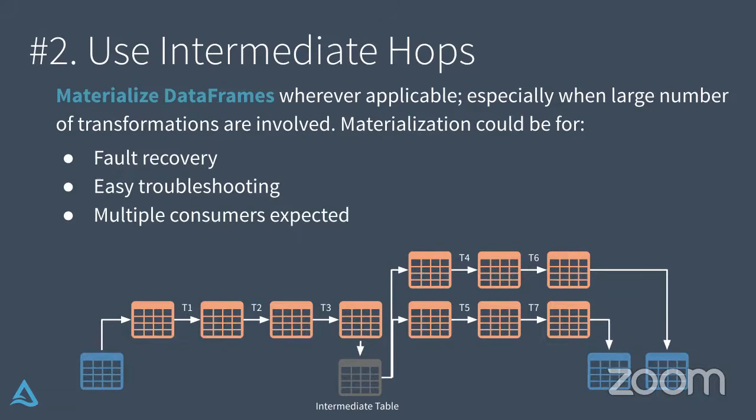It was just from table 3 onwards that we needed to do something slightly different. So instead of creating 2 separate sets of tables with the exact same data, run an intermediate table, save that to disk, and then run 2 separate processes: table 4 and table 6, while table 5 and table 7 are on a different stream, and they go to different tables. It really simplifies the flow here.